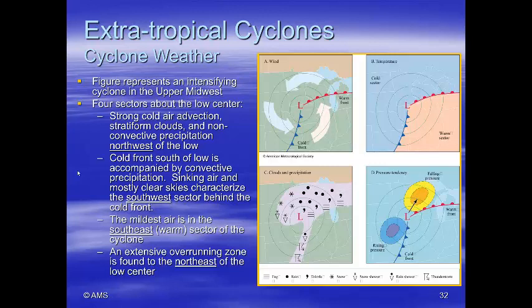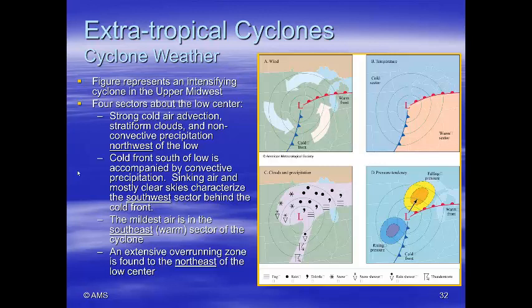So first we have strong cold air advection, stratiform clouds and non-convective precipitation northwest of the cyclone, or of the low. The cold front south of the low is accompanied by convective precipitation, so sinking air and mostly clear skies characterize the southwest sector behind the cold front.